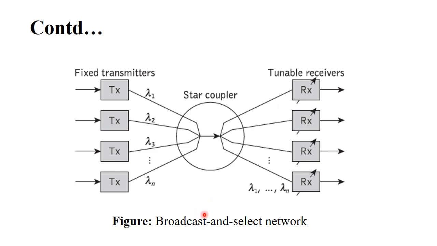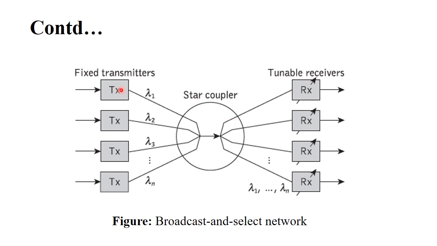Now we can avoid that by sending only one particular wavelength as per the requirement of the receiver. That comes to the term select. What does it mean? When all these transmitters transmit, the star coupler identifies which wavelengths must be routed to which particular receiver. That routing is done in a selective manner.